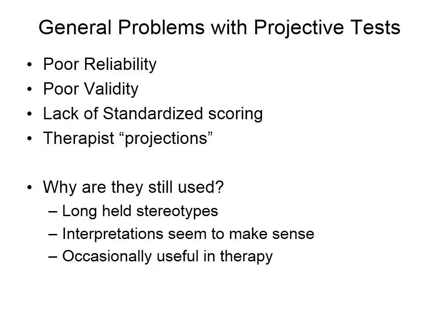So even if we have reliability, so you manage to come up with a standardized set of scores that everyone agrees on, so we have that person go to 3 different clinicians, they get the same personality read from that test from all 3 of them, we then ask, does that personality read actually predict future behavior? And the answer generally is no. Most of these tests don't have a standardized scoring. And studies have found that a lot of times the bigger predictor of how someone is interpreted in these tests is not the person, it's the therapists themselves and their projections upon how they interpret the people's interpretations.